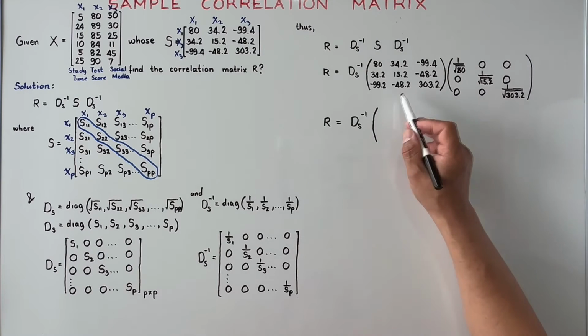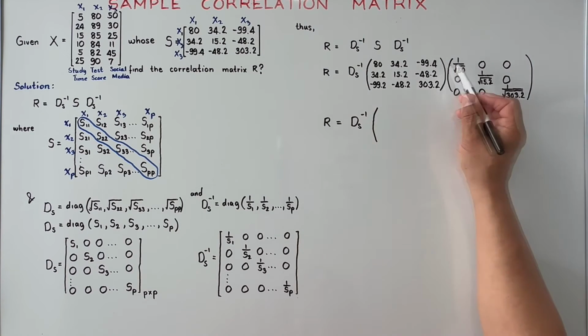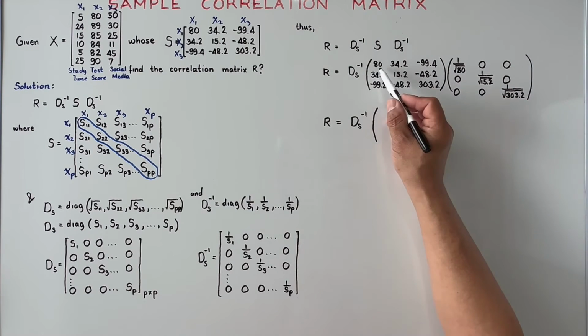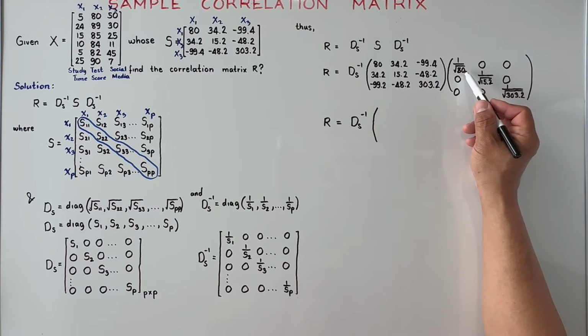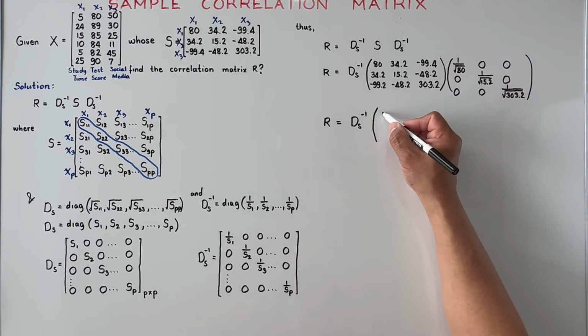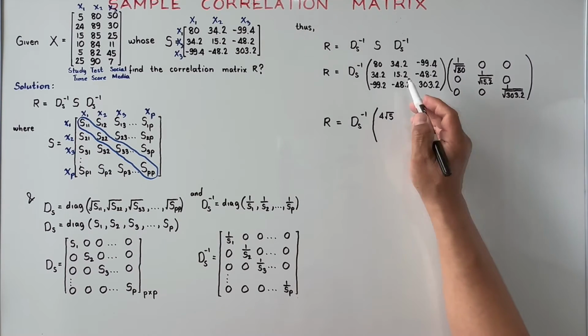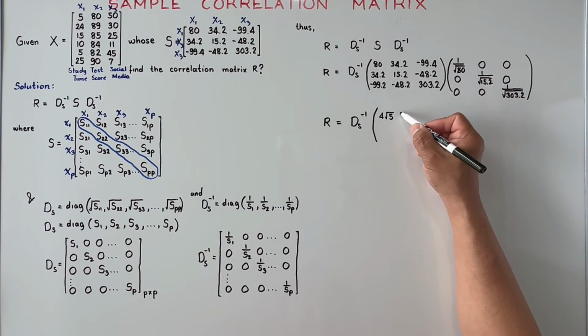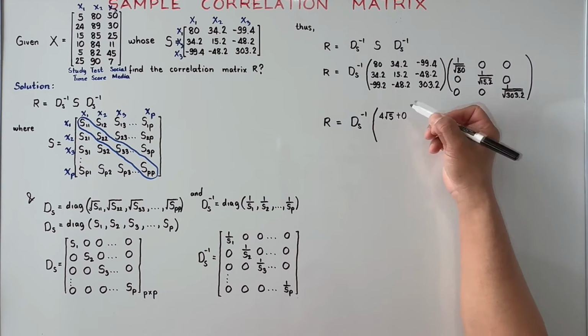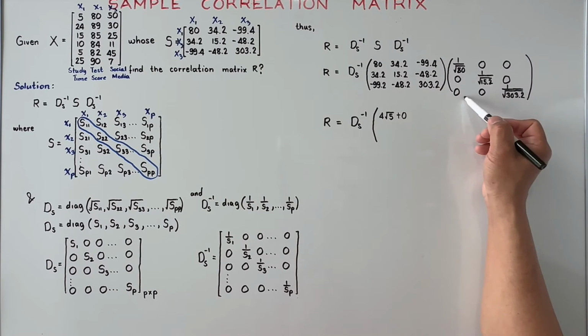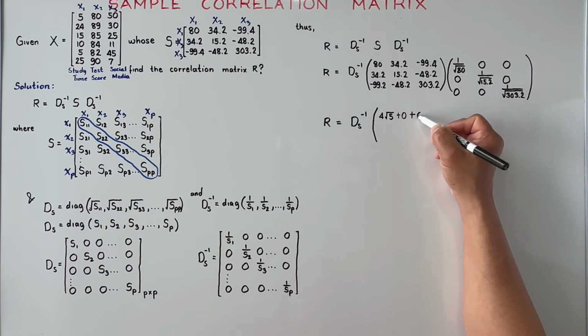And to multiply these two matrices, we multiply the first row by the first column. So 80 times 1 over the square root of 80, the product is 4 times the square root of 5. And then 34.2 times 0, that is 0. And then negative 99.4 times 0, that is also 0.